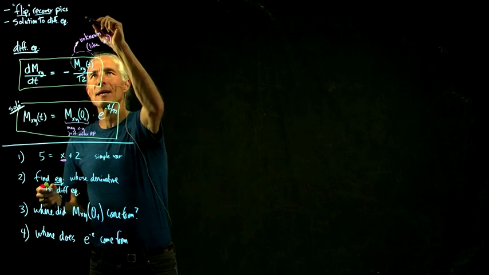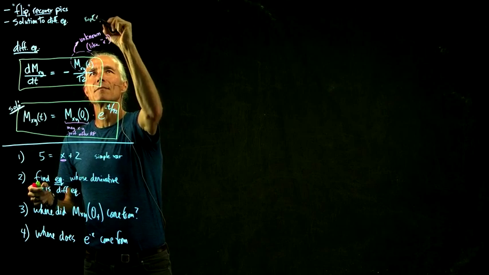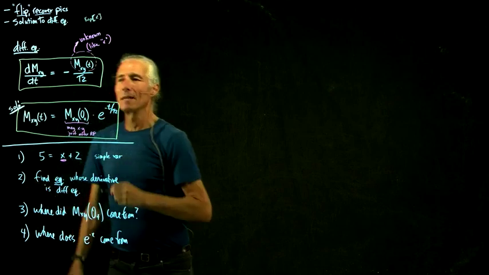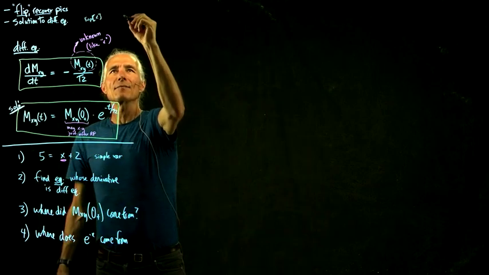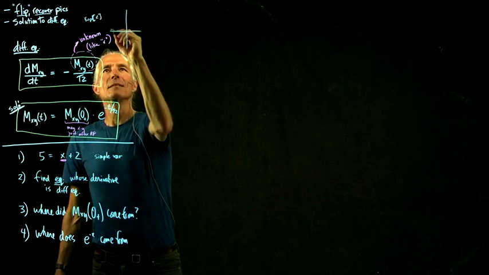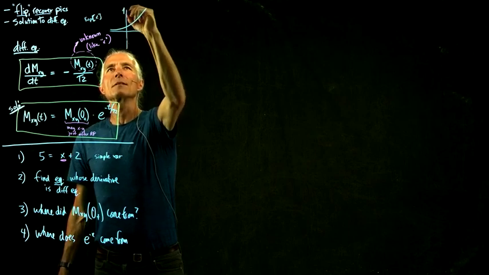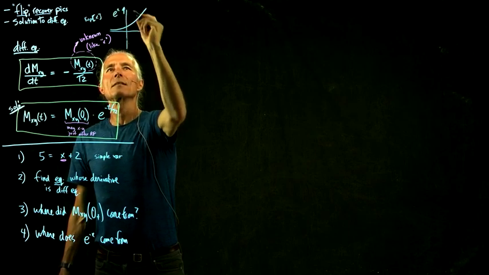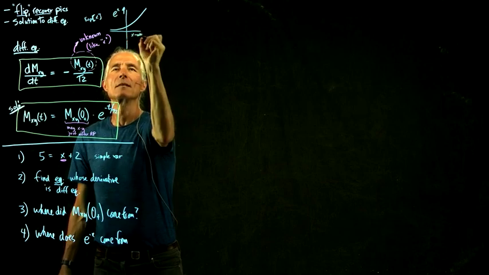How would you plot that in MATLAB? Something like that. Just plot that. And what you see is actually kind of a cool special function. It sort of looks like this. It just goes up. So this is e to the x, not minus x, and this is x.